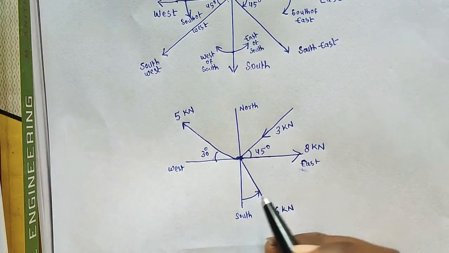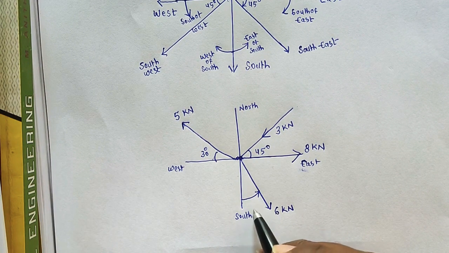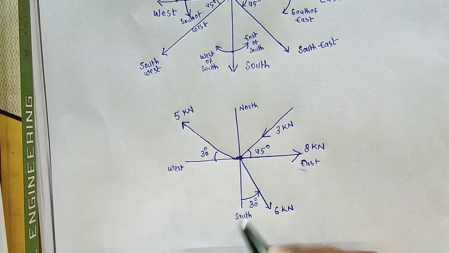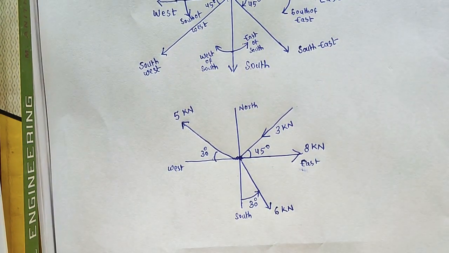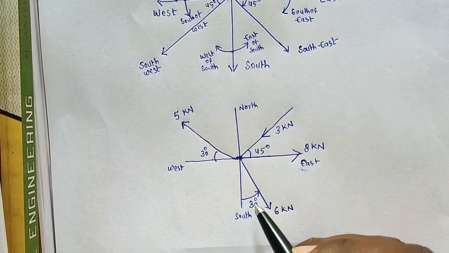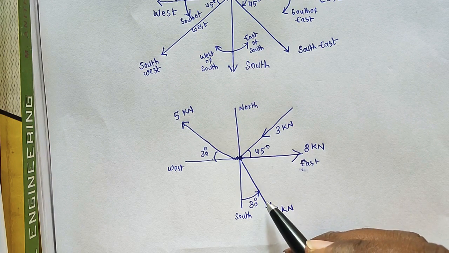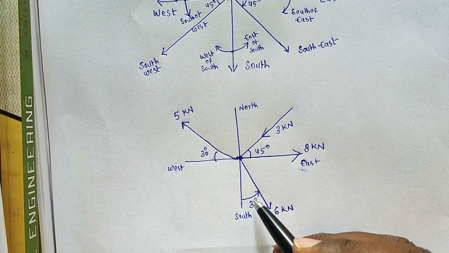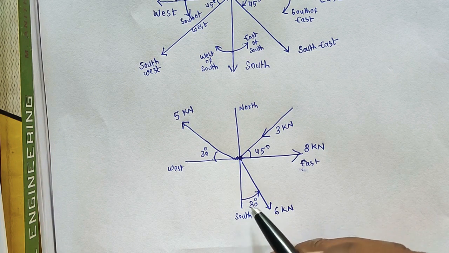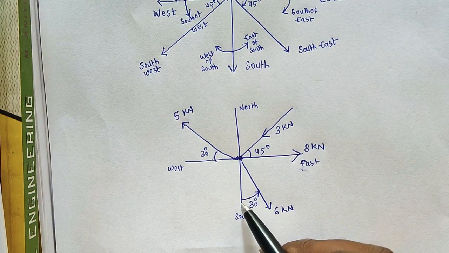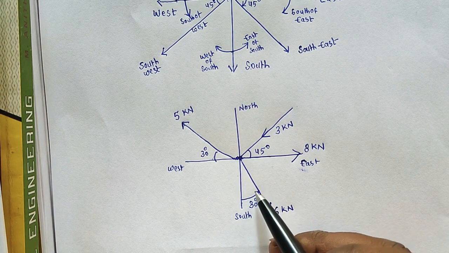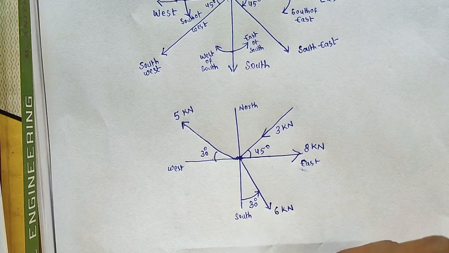And this angle has been given as 30 degrees. So a pull of 6 kilonewton is inclined at 30 degrees towards east of south. That's why from south to east we are moving. So here the included angle is 30 degrees.